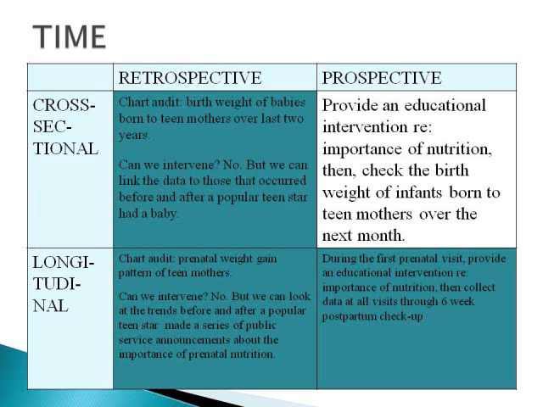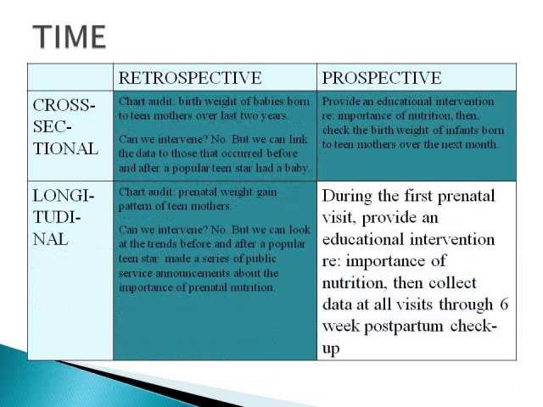The baby's birth weight is the baby's birth weight. We only check that once. Prospective longitudinal. During the first prenatal visit, provide educational information about the importance of nutrition, then collect data at all the visits through the 6-week postpartum checkup.